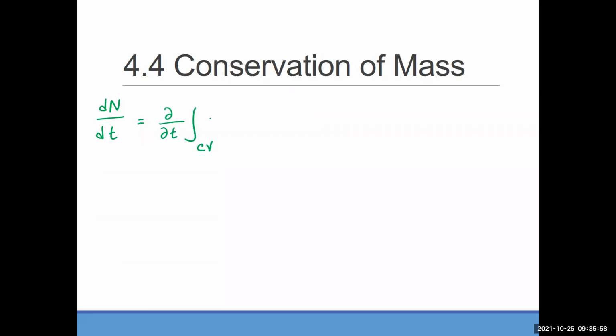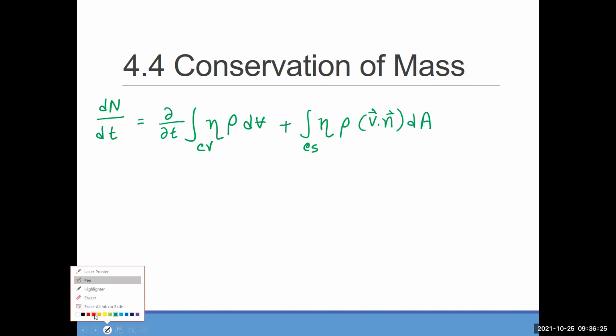CV plus CS. CV means what? Control volume, and CS is the control surfaces. Okay, so for mass conservation, this one is M, this one is 1, this one is 1.